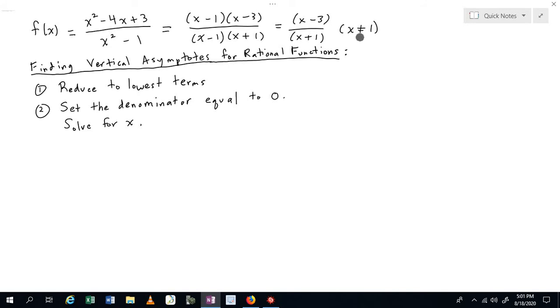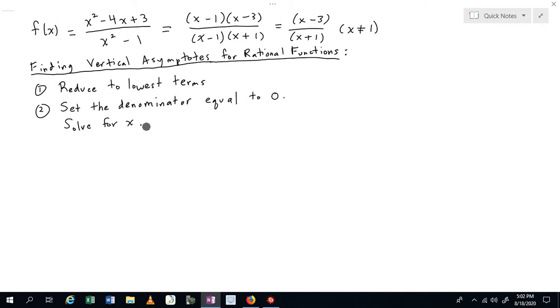And over here, we're explicitly telling the reader that you can't plug 1 into this function. It's not part of the domain of this function. If you state that, then these two functions are equal for all x values except 1. Having said that, this is now reduced to lowest form.